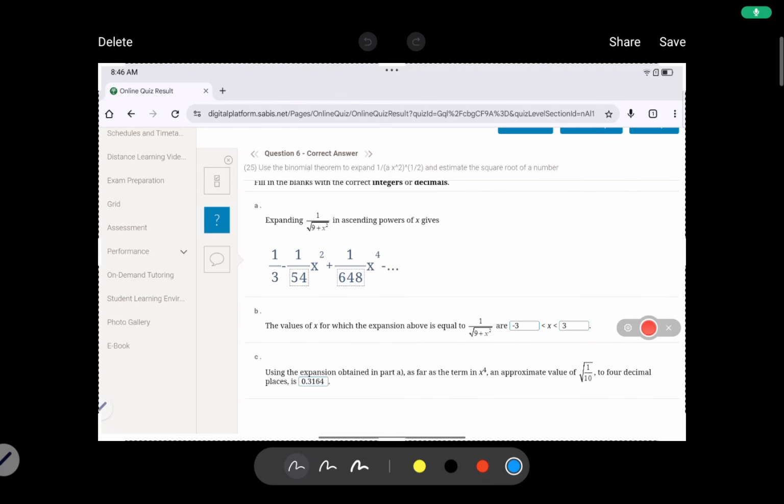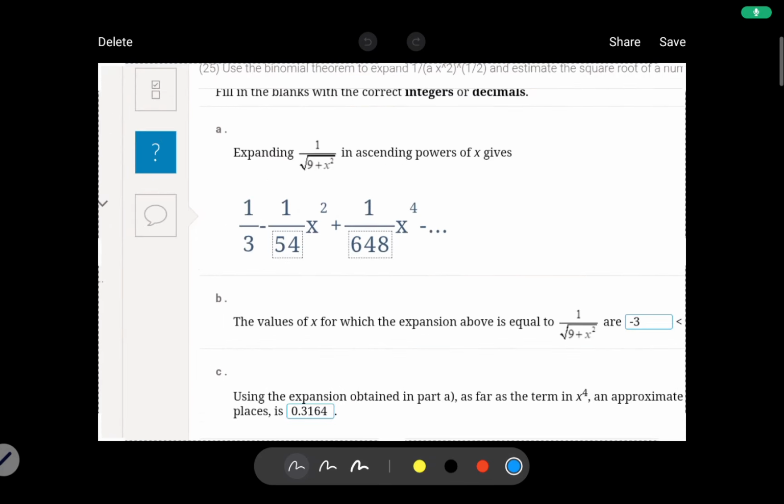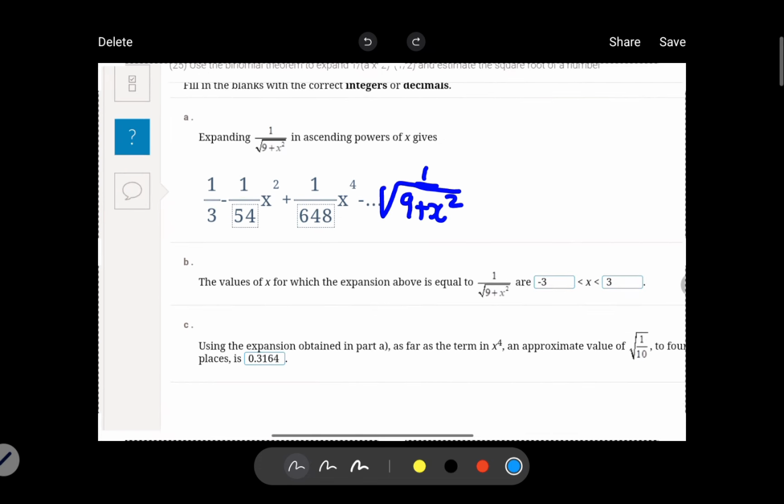Okay, now for this question, they want you to expand this. So what do? First thing, 1 over 9 plus x squared, and like over the radical, we need to make it a power. We need to make the radical a power. How do you do that? Here it's 1.